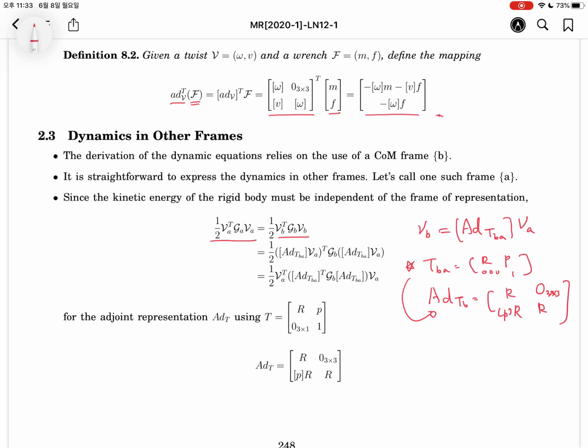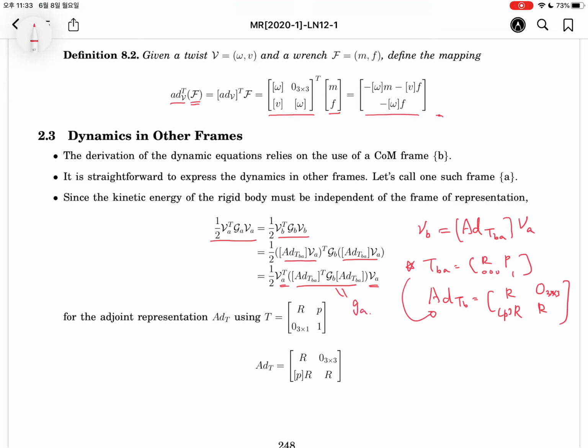So the VB twist can be written using the adjoint operator. The transpose is applied, and at that time the sequence is reversed. So VA and VA, so the inner three terms will be equal to GA.